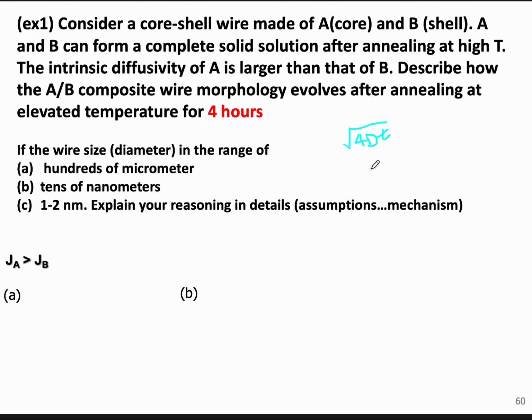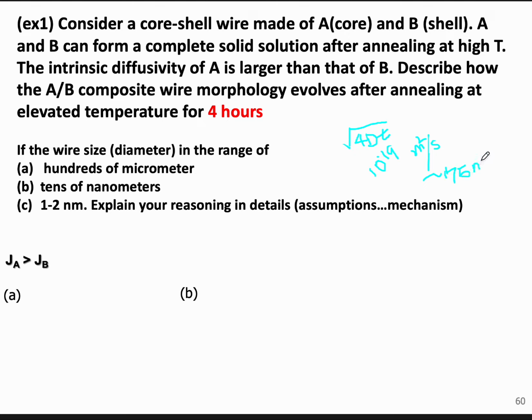So I give you some orders of magnitude. Diffusivity in most cases, depending on the material, can be on the order of 10 to the minus 18 meters squared per second. And you use 4 hours as the time: 4 hours times 60 minutes times 60 seconds. Substituting this, you will get a diffusion length of around 100, or around 75 nanometers.